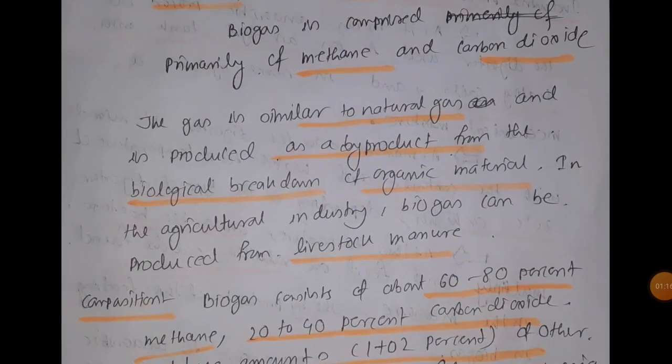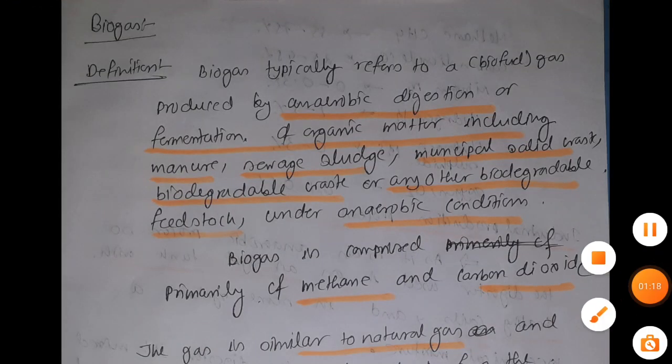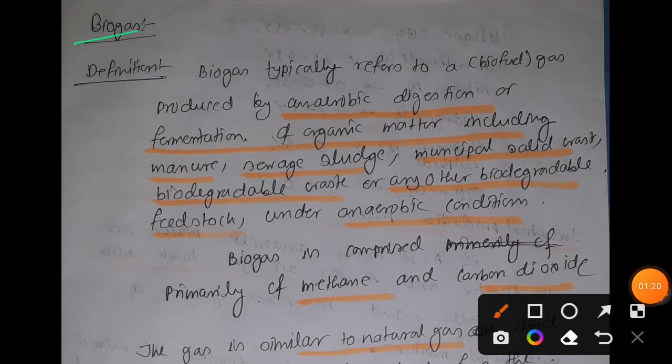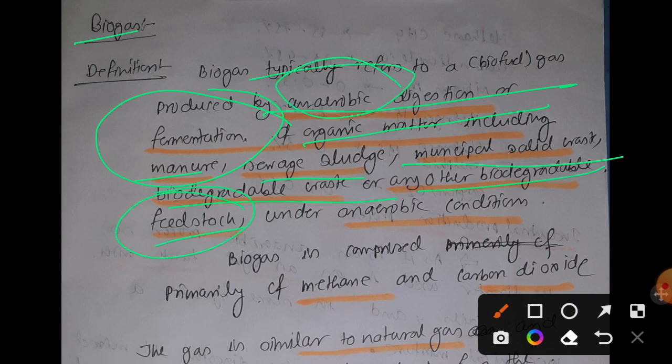First of all, biogas, as its name suggests, is the gas derived from biological material. Here we are performing anaerobic digestion or fermentation of organic material, which includes manure, sewage sludge, municipal solid waste, biodegradable waste, or any other biodegradable feedstock, in anaerobic condition.